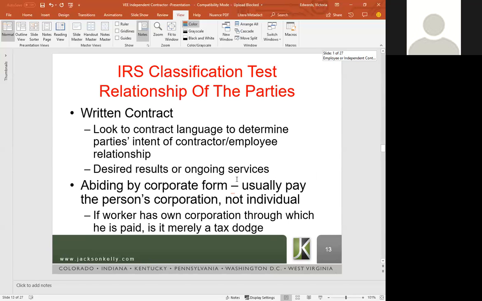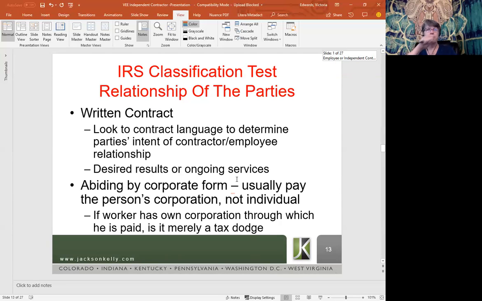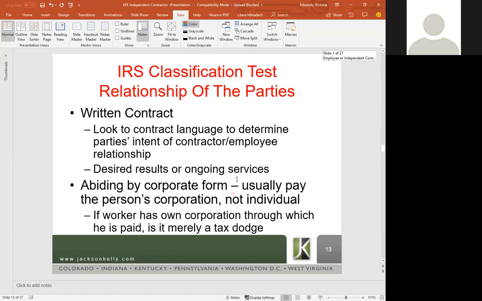Okay, the third category, relationship of the parties. Like I said before, the written contract is what dictates your relationship with that individual. At the federal level and state level, they're going to look at the contract language to determine that. They also look at how the person is paid.